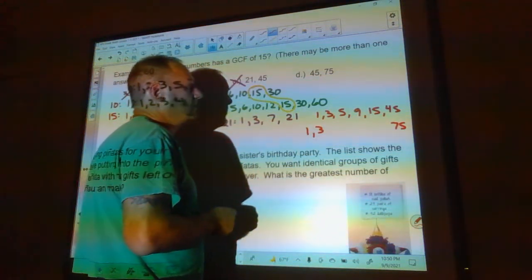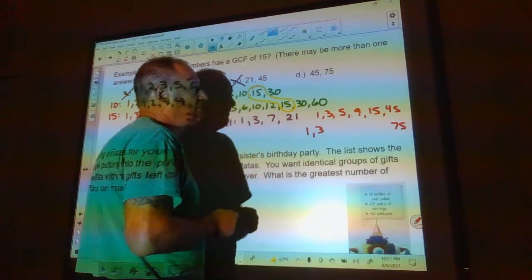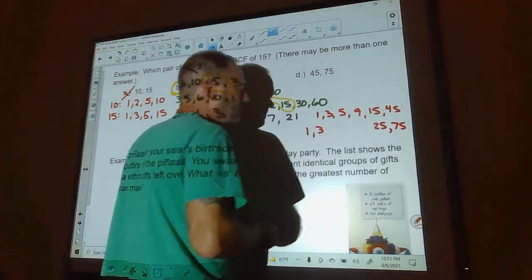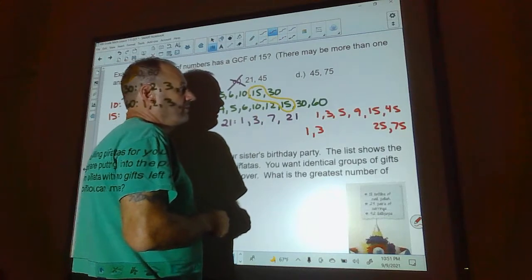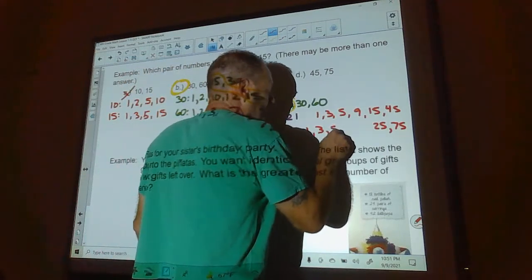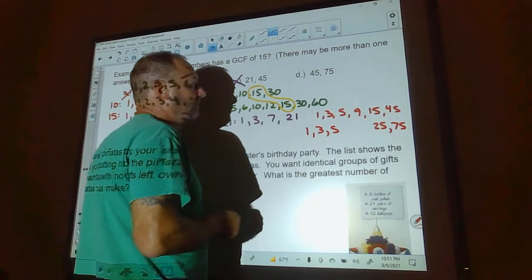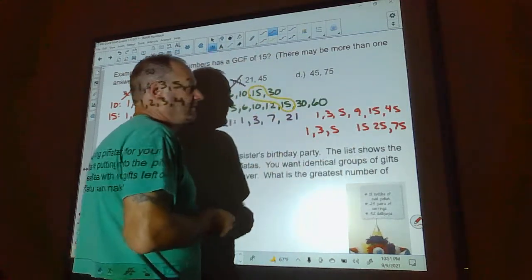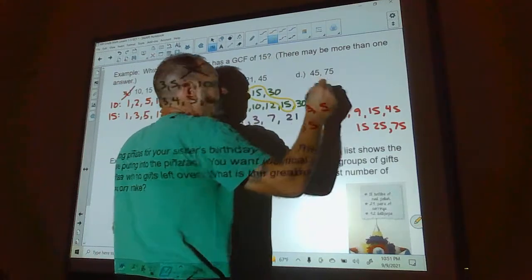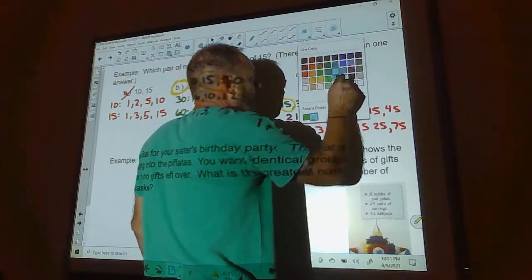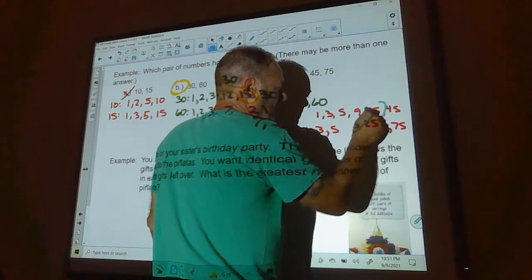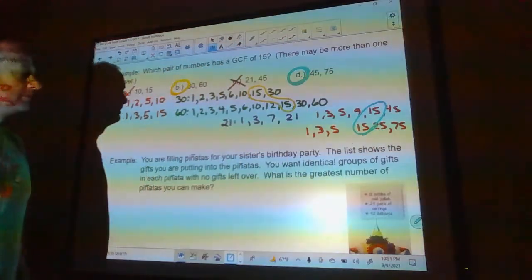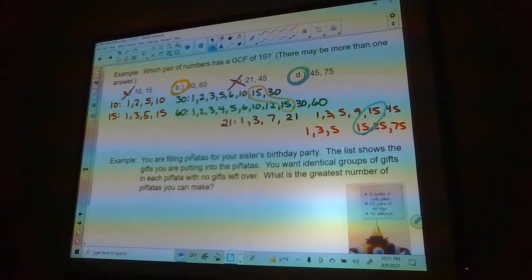It'll go in 25 times. Okay, 4, 5. 5 will go into 75. Oh, 15 times. Oh, look at that. I don't even need to find the rest if there is anymore, because I already know that 15 works. So that's an answer too. So there's two answers, B and D.